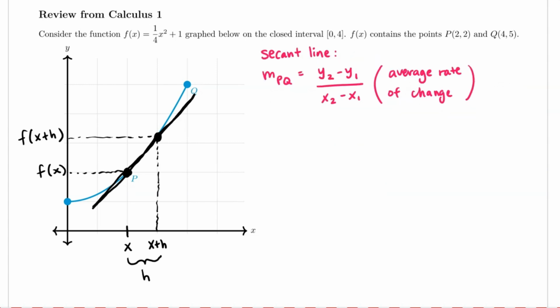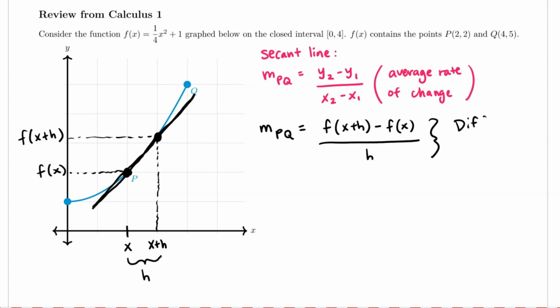So for this particular secant line, the slope of the secant line is equal to the y value f of x plus h minus the other y value f of x, over the difference in the x values, so x plus h minus x, and notice that that just simplifies to h. And recall that this thing is called the difference quotient.